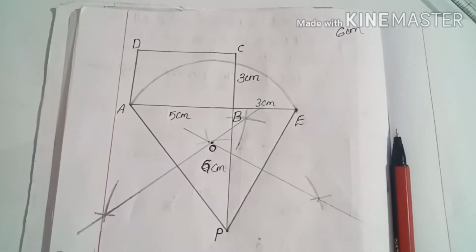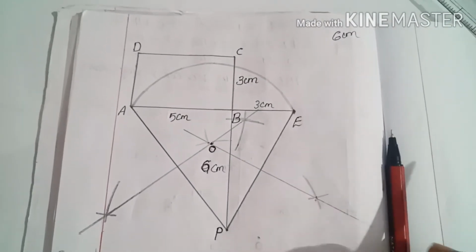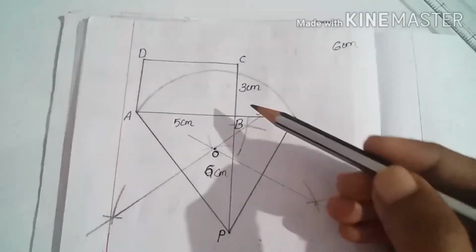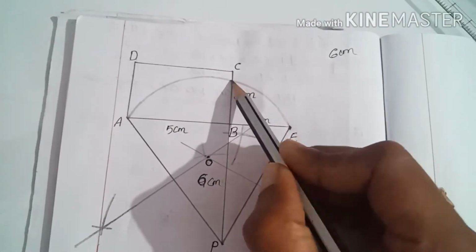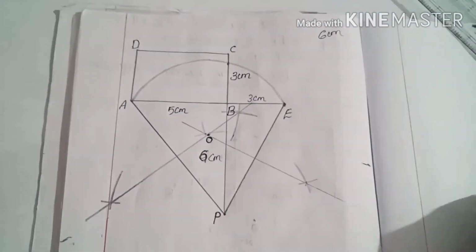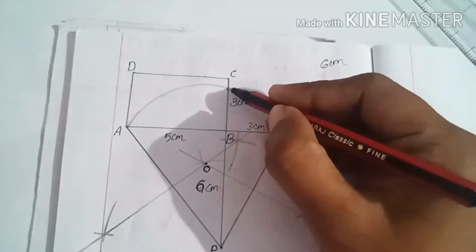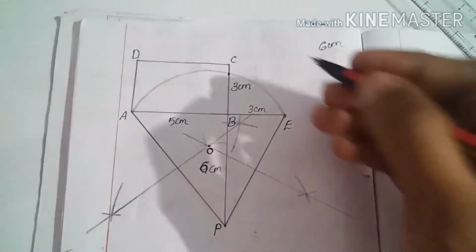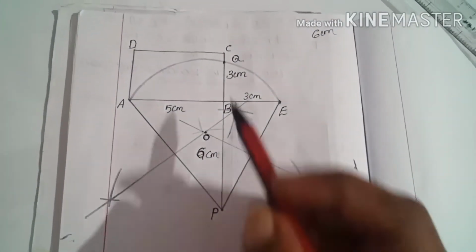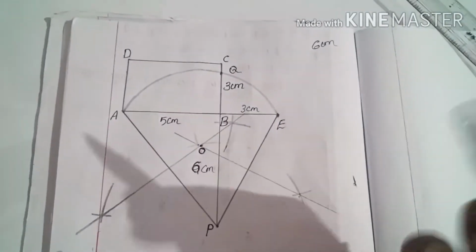Now you can see that the semicircle cuts the height of the first rectangle at this point. Let's take that point as Q. Take that point as Q, that you can choose.